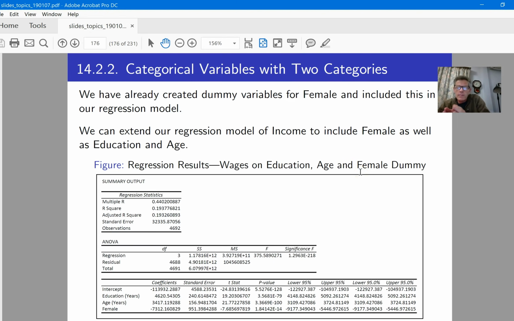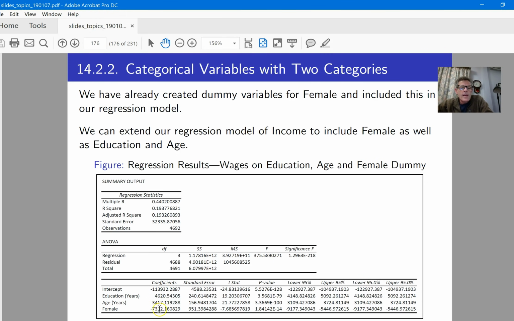The variable is not a measure of how many years of schooling you have had or what age you are. It's a numerical representation of two different categories. No or yes. Not female, female. 0, 1. So we translate those not female, female categories into variables 0 and 1.